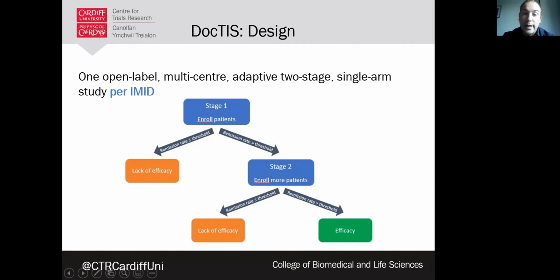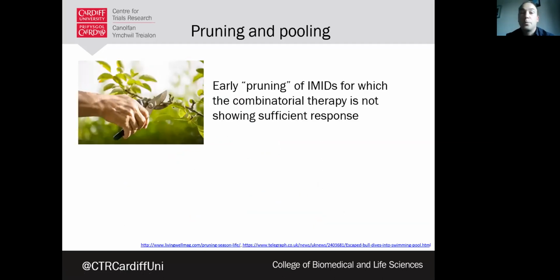So what this design allows us to do is to stop recruiting, that is to stop wasting resources and efforts on investigating this drug in patient groups, diseases where it clearly doesn't work, which again adds to the efficiency of the design. This is also called pruning.